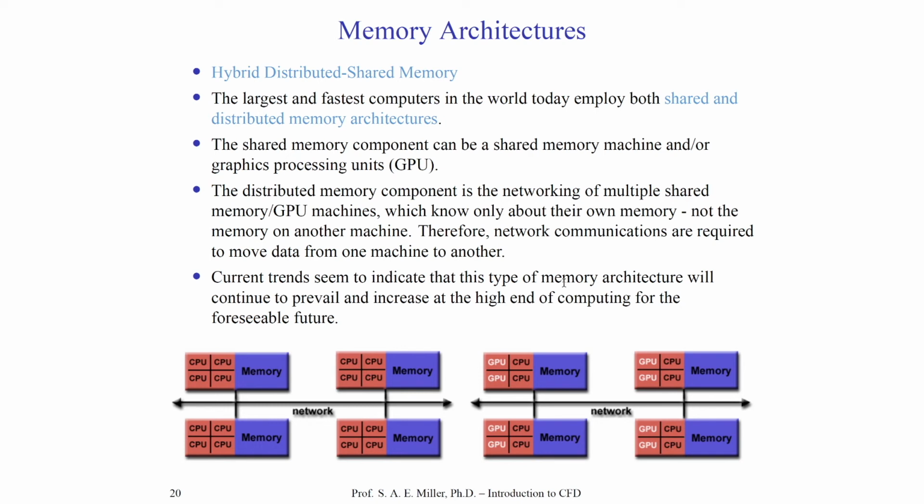Perhaps we'll talk some about GPU computing in this class in terms of CFD. Nonetheless, certain cluster computers are now being built with multiple GPUs on each particular node. And so they're distributing the GPU cards across multiple nodes. These have the same memory distribution that a distributed computer would use.